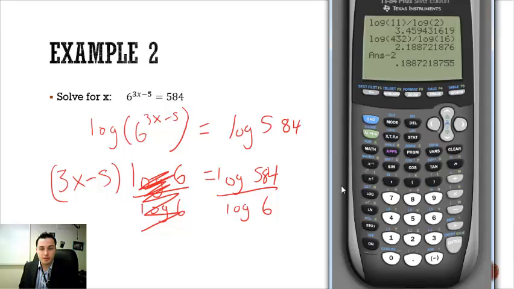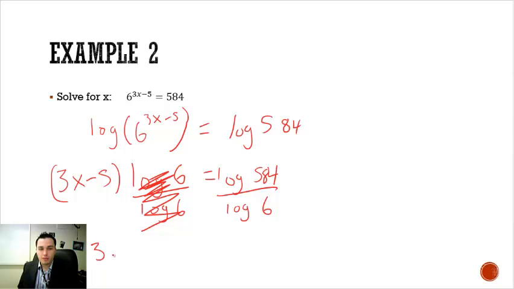Let's go ahead and figure that out first this time. So that's log of 584 divided by log of 6. Okay, so I'm getting about 3.555. So 3x minus 5 equals 3.555. And now we just need to add 5 to both sides.